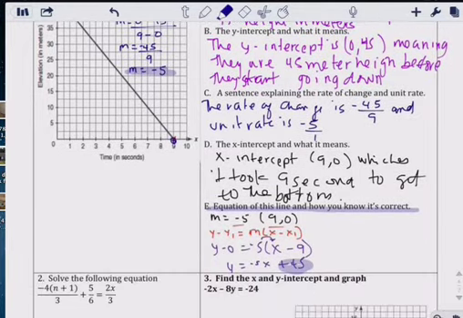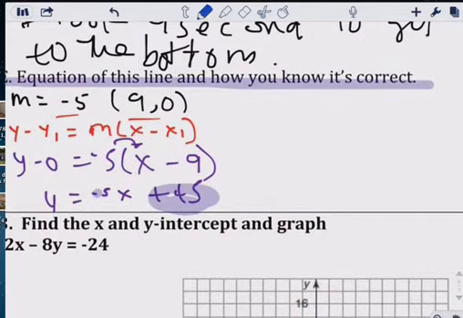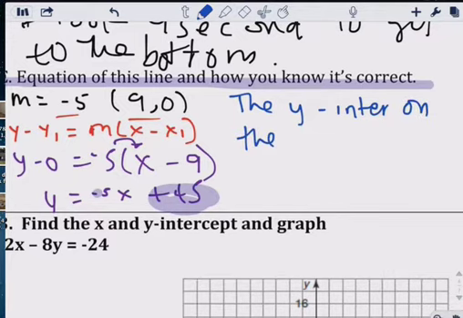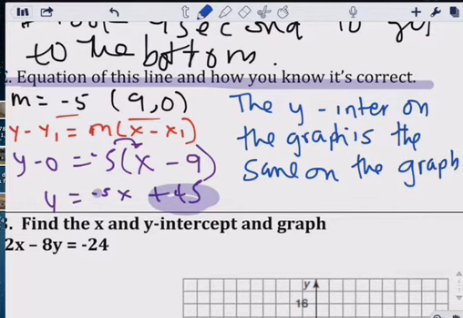And the slope here, the y-intercept on the graph is the same on the graph and the equation.